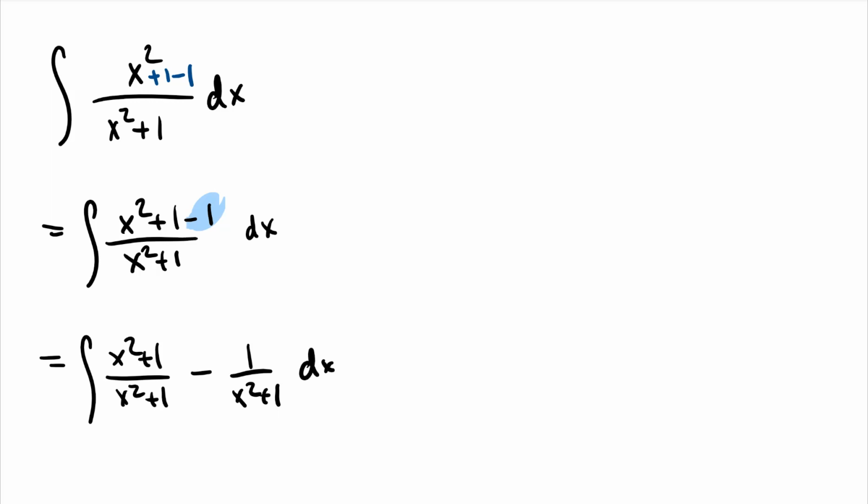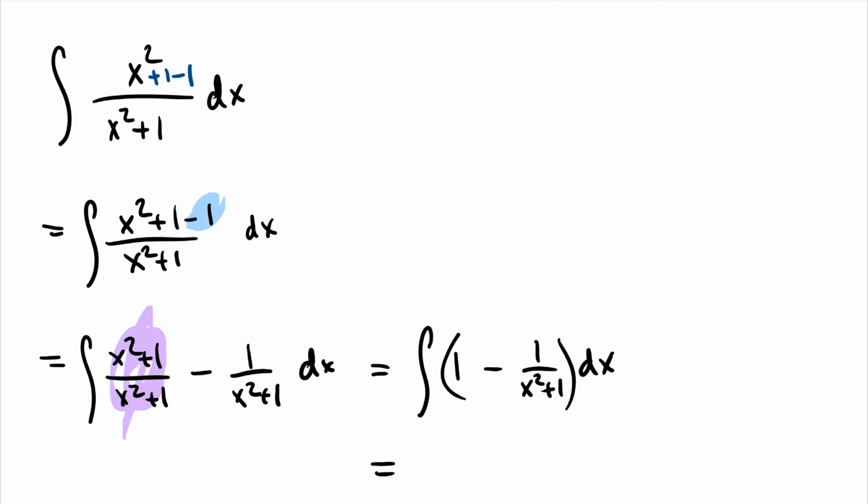Same picture over same picture. I'm pretty sure it's just 1. Problem's over. Antiderivative of 1 with respect to x is going to be x minus inverse tangent of x. And just don't forget your plus c.